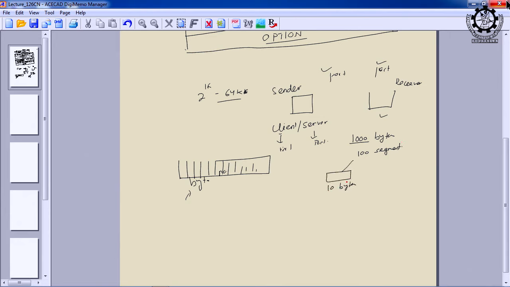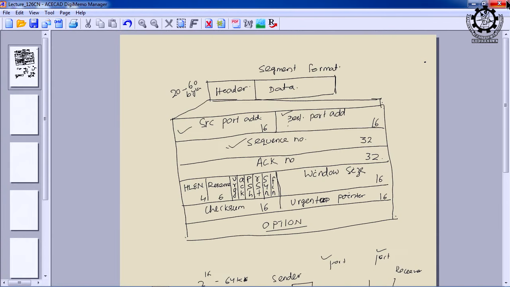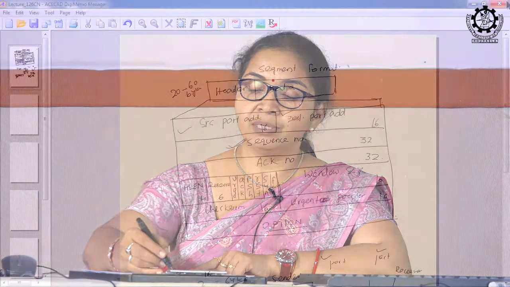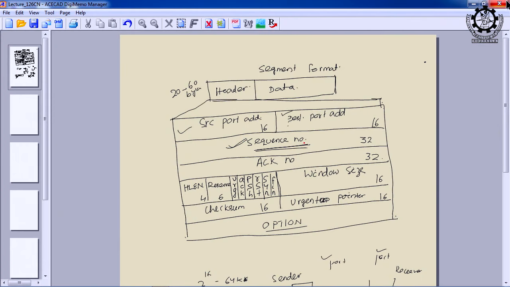The first segment will have 10 bytes, the second one will start again from 11 to 20. That means every byte has its own number. And when these 10 bytes are encapsulated into one segment, the first byte number is what is mentioned in the sequence number. The initial byte number of the segment is mentioned in the sequence number field.